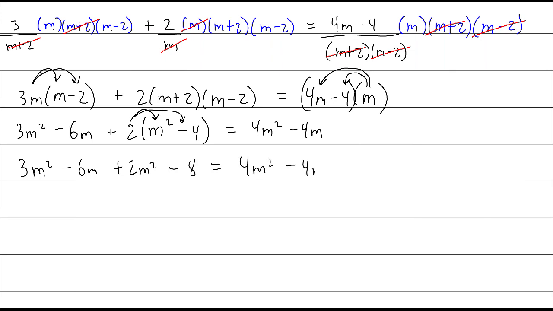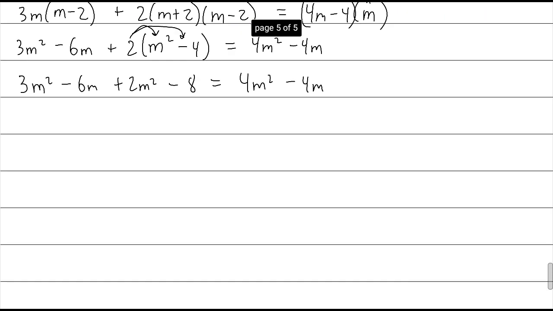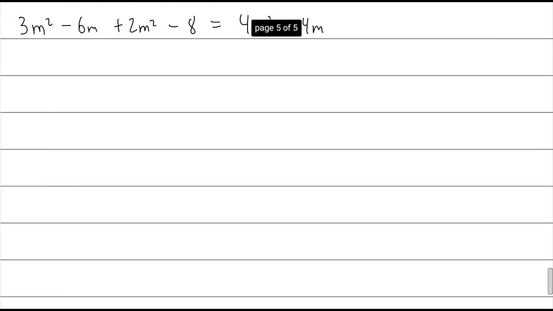All right, so there we go. It's not a rational equation anymore. It's a quadratic now, right? We're dealing with m squared. All right, let's combine like terms. So 3m squared plus 2m squared is 5m squared. Negative 6m is by itself. Minus 8, that's by itself also.